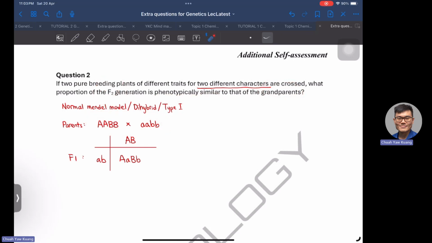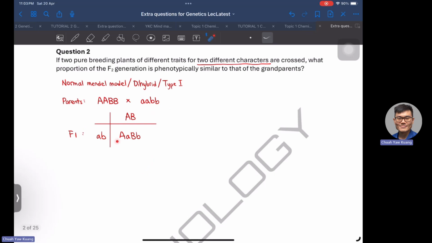So that means you have to cross F1 with F1, and only then can you find the F2. F1 is heterozygous, so we will cross both heterozygous individuals.